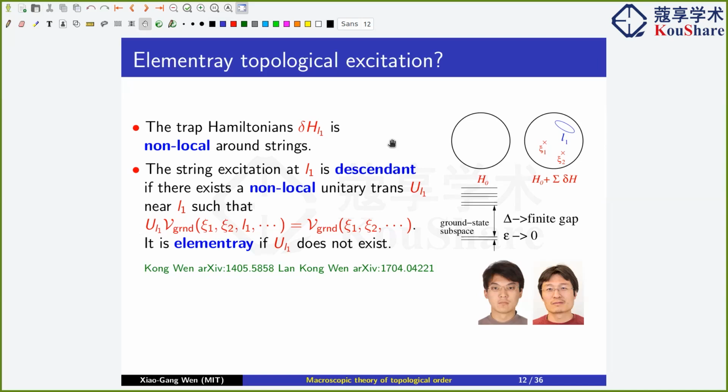And this kind of string excitation formed by these neutral fermions should be contrasted with the vortex line in the superconductor. And I claim that the vortex line is elementary, but this p-wave line is a descendant. So the claim is that when you have a vortex line, you cannot get rid of the vortex line even by using non-trivial non-local interaction along the line.